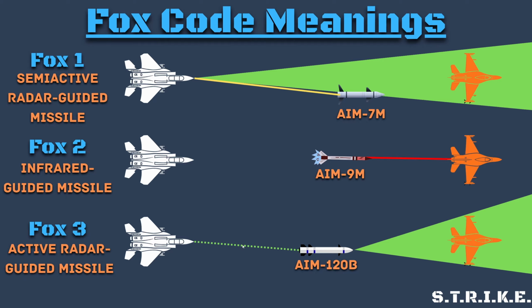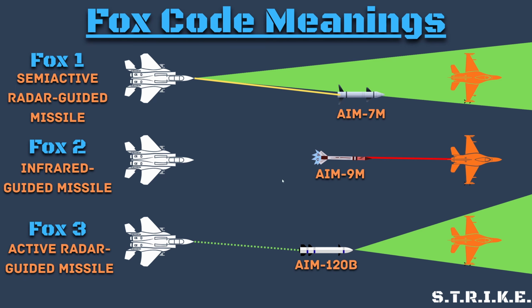So when you fire this from far range, it's going to require that you have a data link to provide information to the missile to know where the target's at. But once it gets close enough, within about 10 miles, 9 miles for the AIM-120s, it'll take over with its seeker here and then lock in on its own.